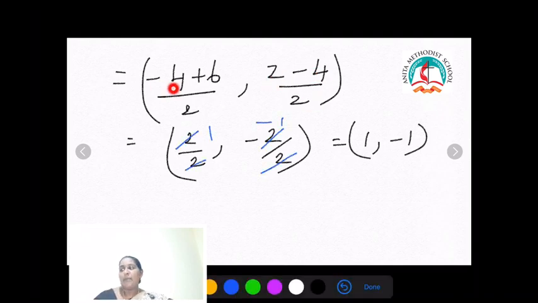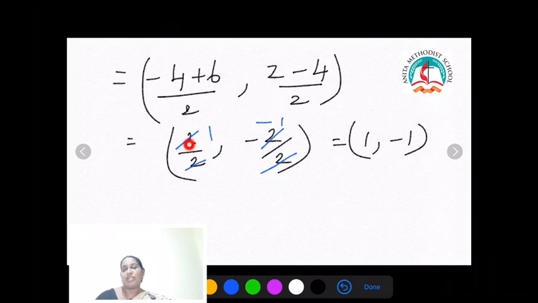Listen, children. Minus 4 plus 6 by 2, comma, 2 minus 4 by 2. Here plus, here it is minus. So 6 minus 4: which is the greater number sign? 6 is the greater number, and this is the negative number. Different signs, we have to find the difference.